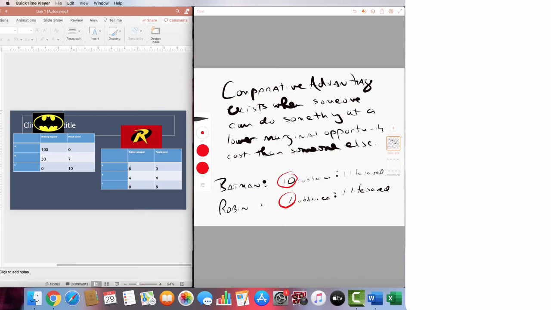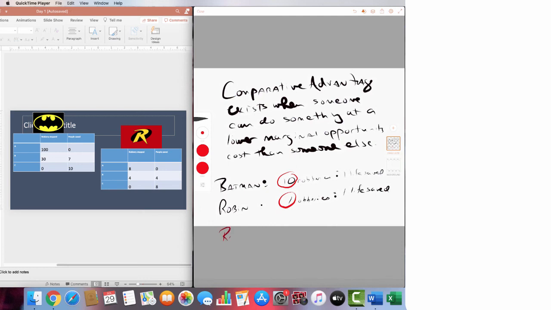So the question here is, who's giving up more? Or in other words, for whom is it more expensive to save someone's life? And the answer is Batman. It's 10 times as expensive.